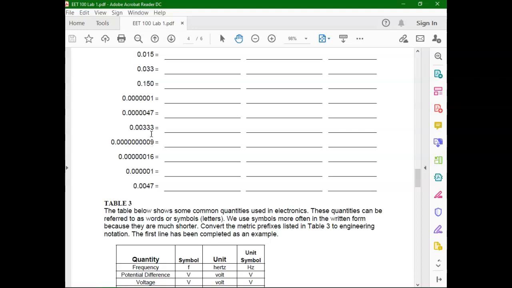Negative 9 times 10 to the 10th power, yes. That is correct. It is 9 times 10 to the negative 10 power.